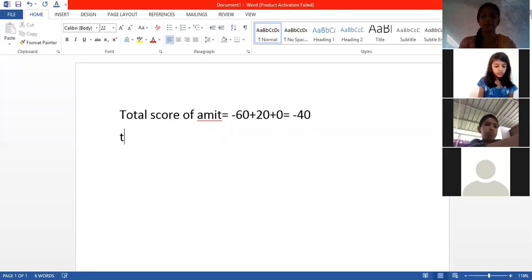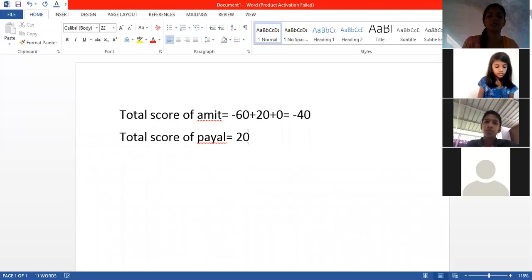Then find out the total score of Payal. Find the sum. Write down in your notebook and find out the sum. First score is 20. Then she got 0.